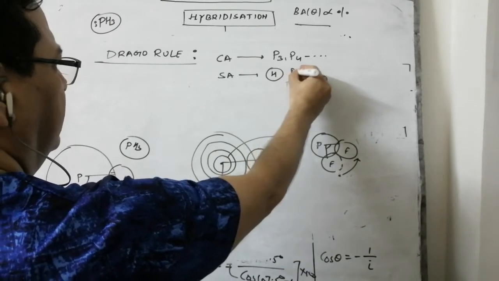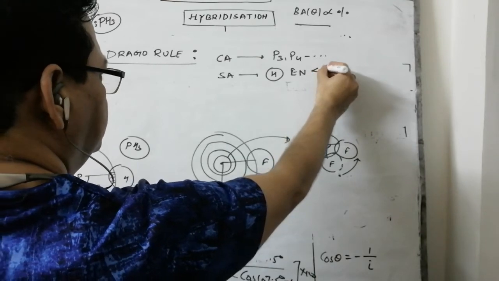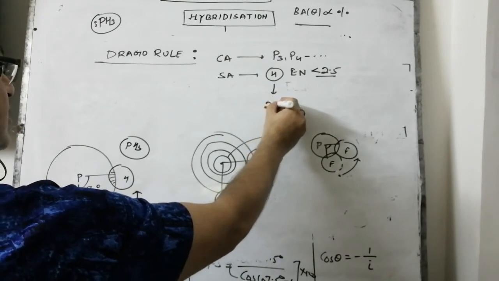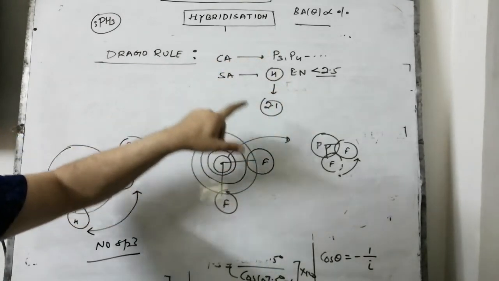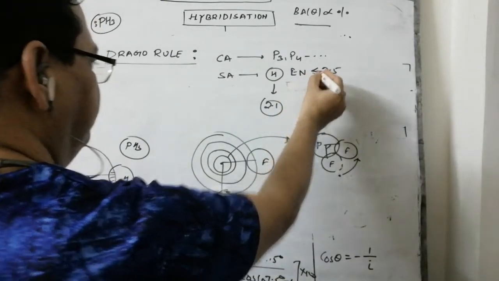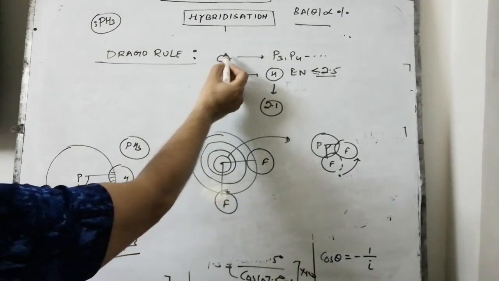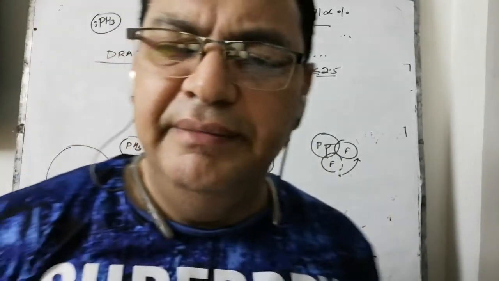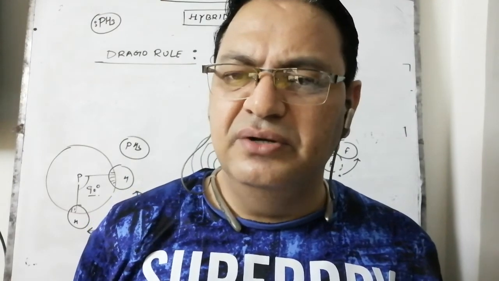Hydrogen means electronegativity is less than 2.5. Electronegativity on the Pauling scale for hydrogen is 2.1. If the central atom belongs to the third period or onward and the side atom has electronegativity equal to or less than 2.5, then in such a situation there is no sp mixing in the central atom, meaning there is no hybridization in the central atom. This is exactly Drago's rule.